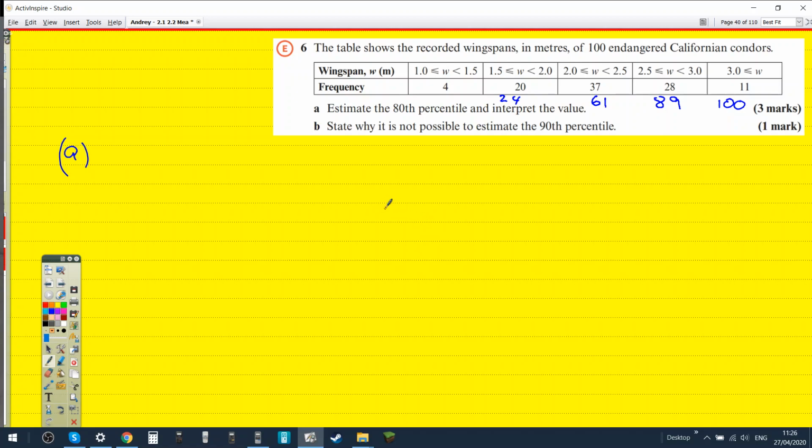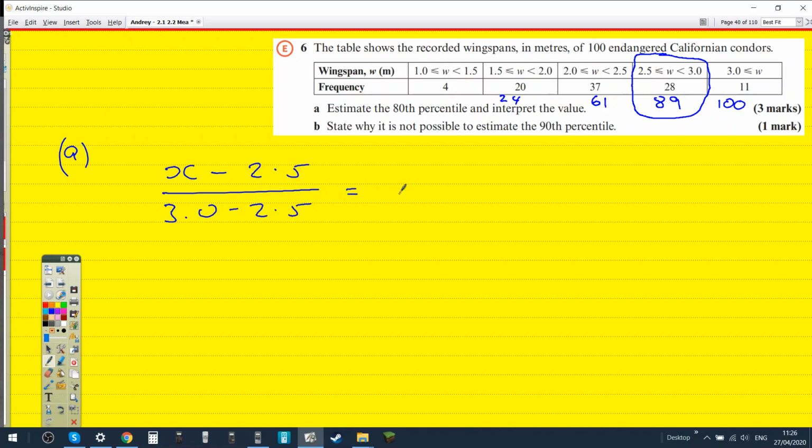The 80th percentile will be in the 2 to 2.5 group. So does that mean I now need to do the formula thing? Yeah. X minus 2.5 over 3 minus 2.5.